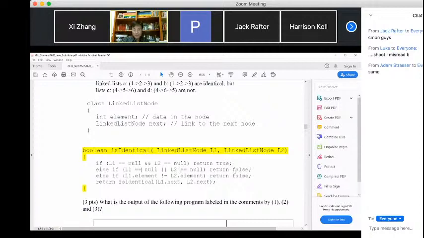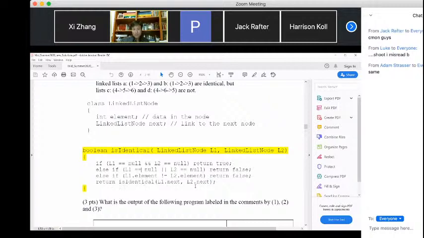And if they have not reached the null point yet, then we compare the elements. If elements are not equal, then we just return false. If elements are equal, they're still left over, and everything is the same up to that point, I will just use recursion. So return recursion on L1 next, L2 next.